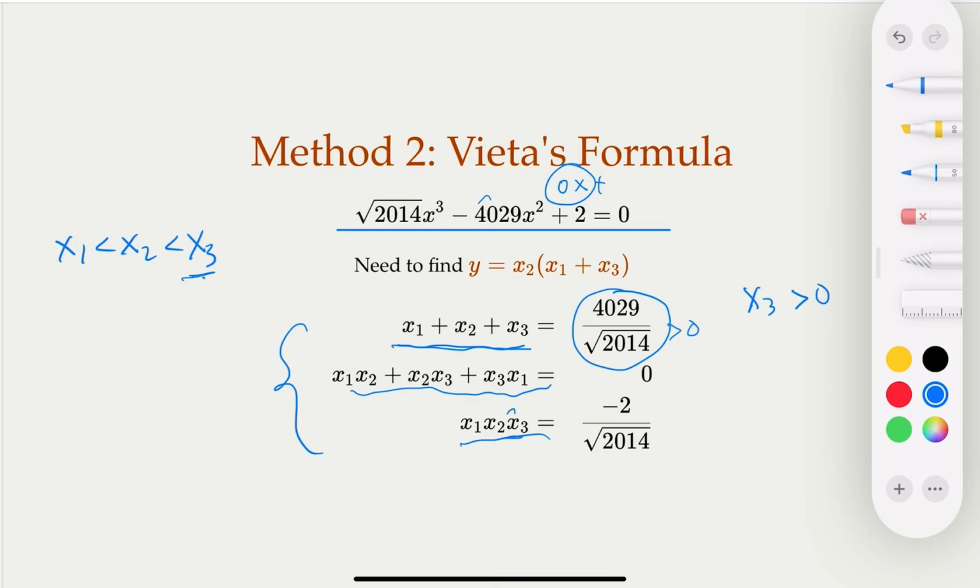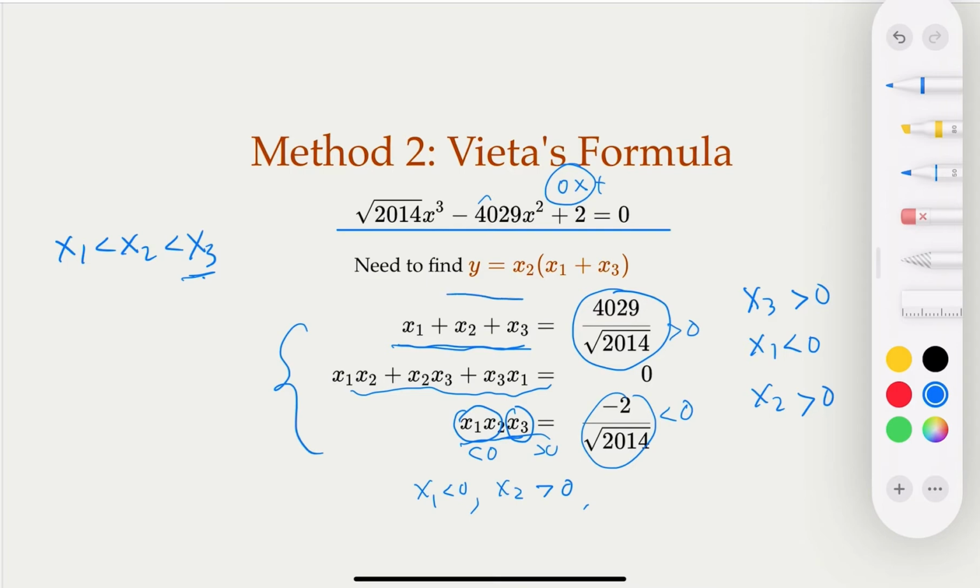So when x3 is positive here, but then the whole thing is negative, right? This is negative. So x1, x2 must be negative, which means x1 and x2 must be one positive, one negative. But x1 is smaller, so x1 must be smaller than 0, x2 must be bigger than 0, right? So we know that x1 is smaller than 0, x2 is bigger than 0.